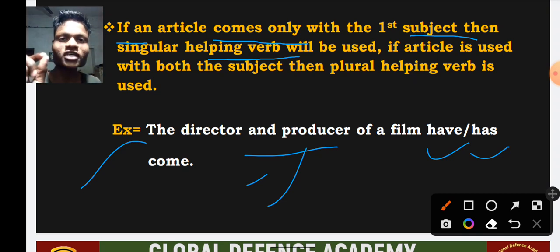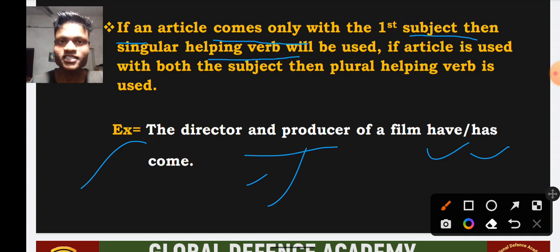Here I am talking about the same person, not that the director is one person and the producer is another. So when we talk about a single thing or person, we have to use a singular verb instead of a plural verb. Getting my point? Let's go ahead.